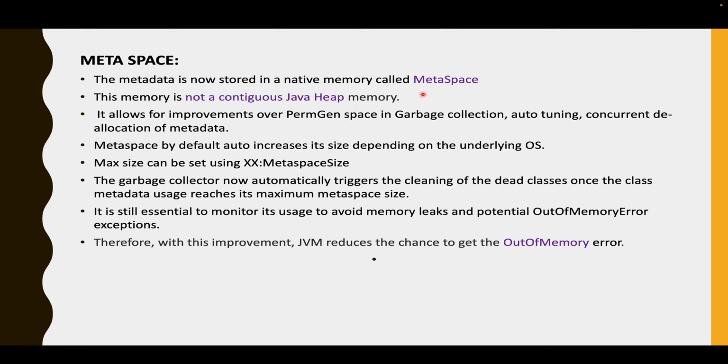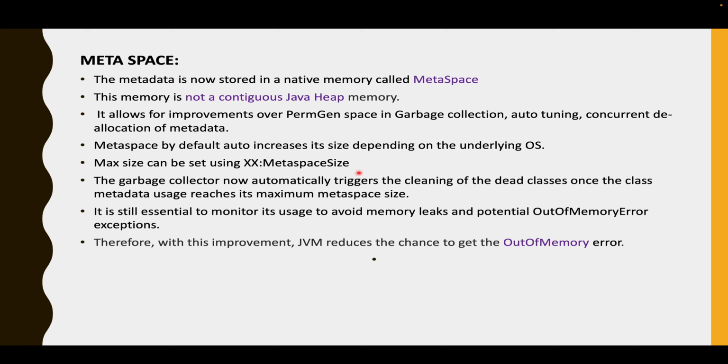Also, the metaspace size can be auto increased based on the underlying OS, but this is not the case with Permgen space. Permgen's maximum space is fixed, but with metaspace, based on the OS, we can increase the size. Also, we can set the maximum size of the metaspace using the -XX:MaxMetaspaceSize option.